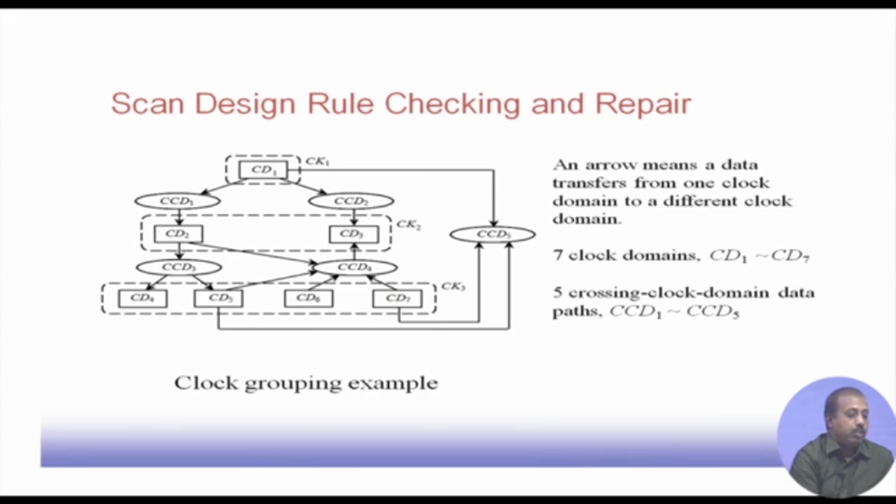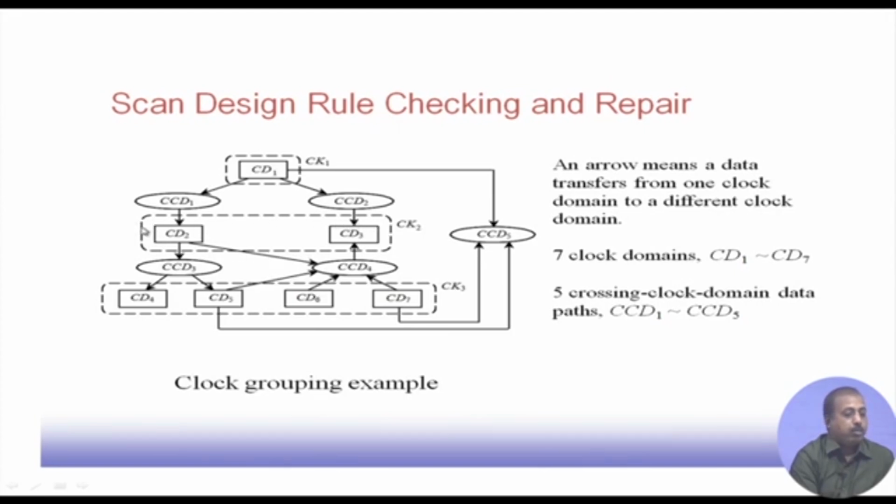So we cannot group these two clocks together. I have to give separate clocks for CD1 and CD2. But between CD2 and CD3 there is no such data transfer, so we can put them onto the same clock.